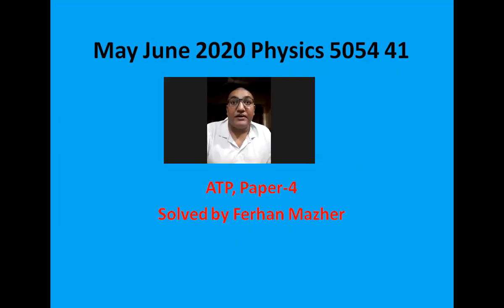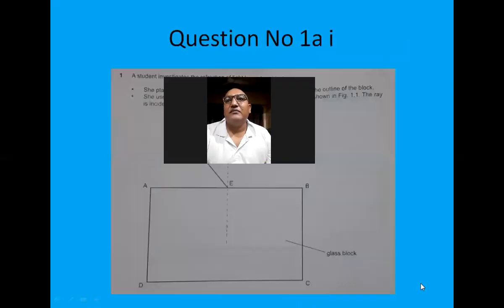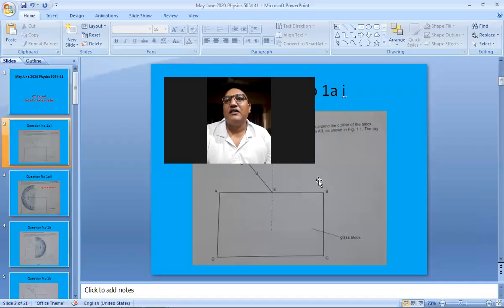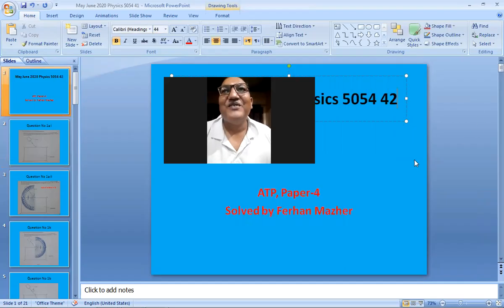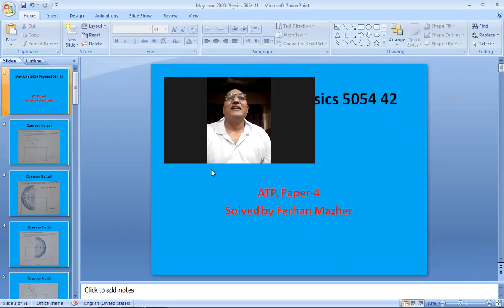This was an ATP paper, and oh my God, by mistake I wrote here 4-1 while this number is not 4-1. Let me correct it. This number is basically this number. I made a whole video on it, but this paper was actually 4-2. So it's my mistake. This paper was 4-2. This paper belongs to zone 2.